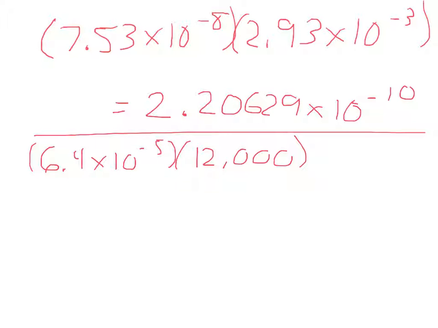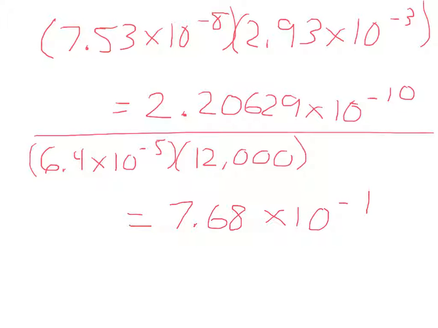Pause this recording and see what you get. Okay, if you figured this out, hopefully you got the answer of 7.68 times 10 to the negative first. So multiplying is pretty simple.